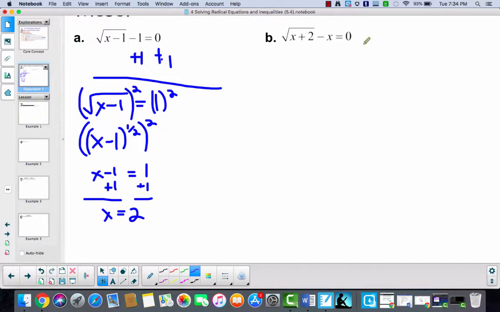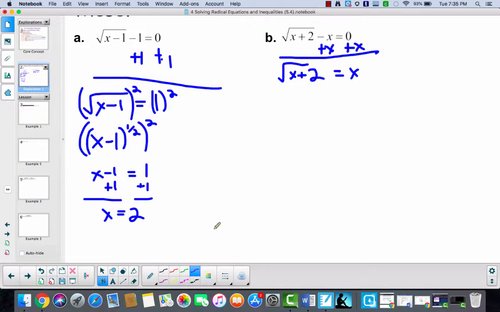So will you take a look at this one? It's similar. What do you think you have to do with it? All right, so what would you do first? You would add x to both sides. So you get that the square root of x plus 2 equals x.